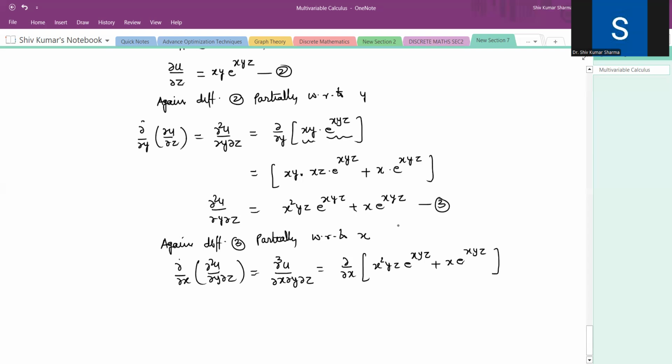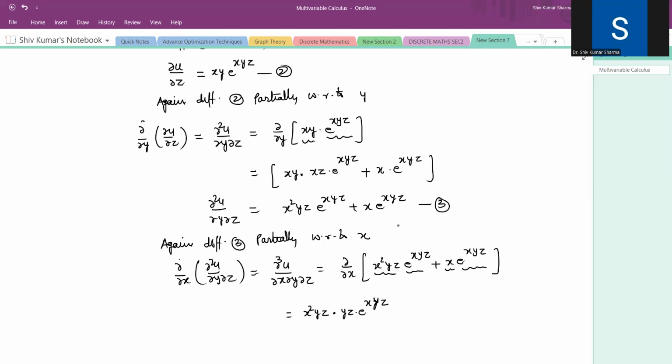We see that there are two functions of x, one is this, second is this, and same in the second term. So now we use the product rule here also. Taking the first term, we write the first function as it is, x square yz, into differentiation of the second term with respect to x. We treat y and z as constants, so we write yz, and differentiation of e raised to the power xyz is e raised to the power xyz, using the formula.